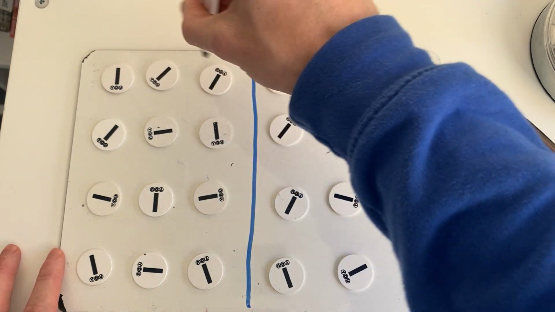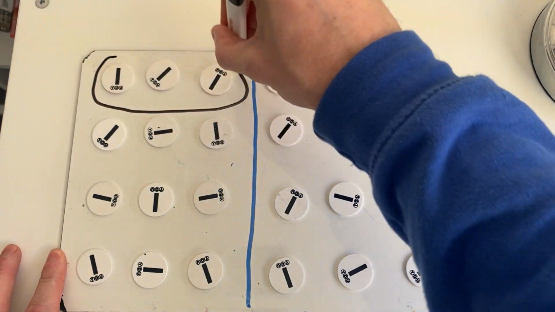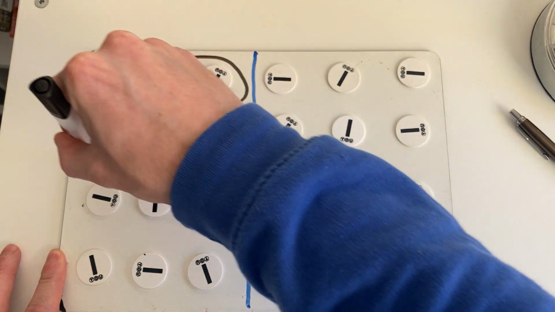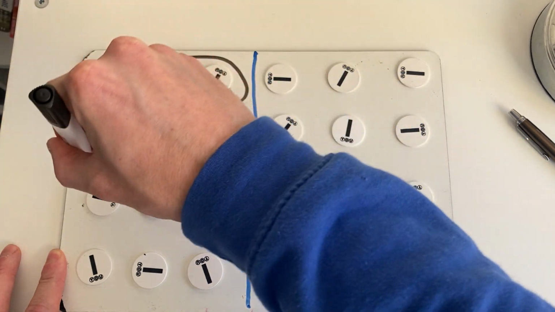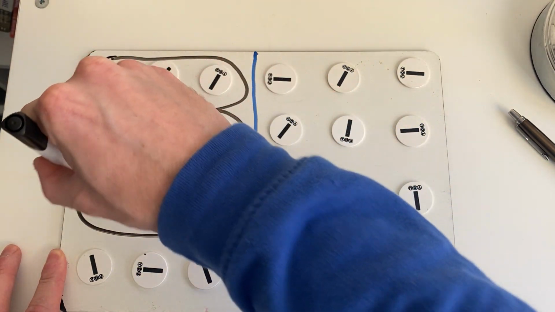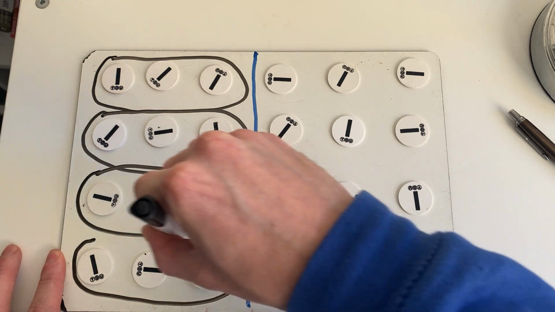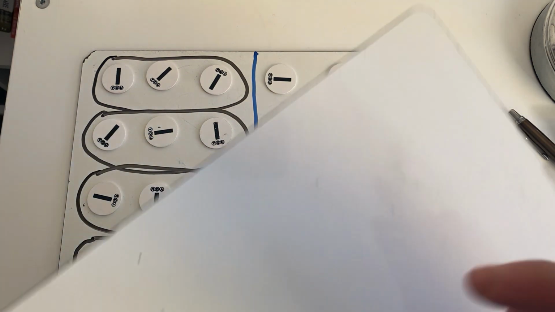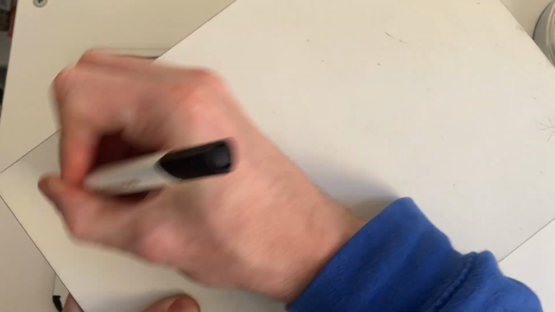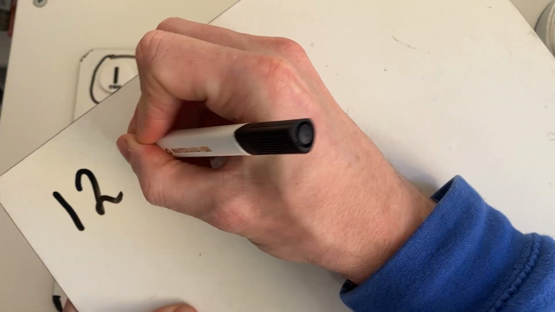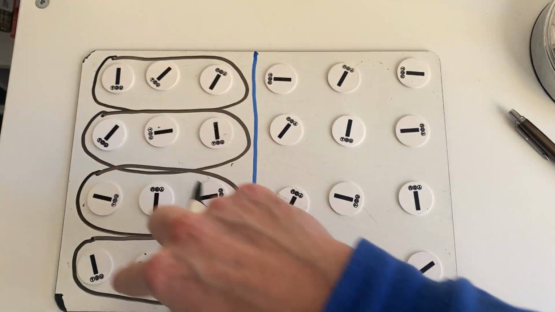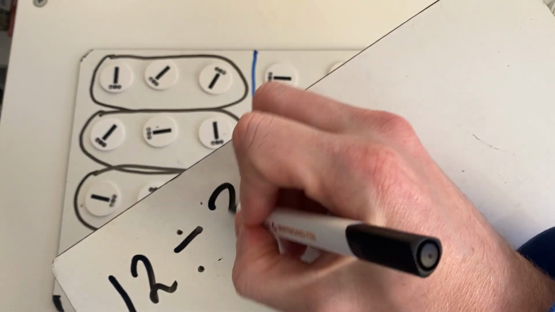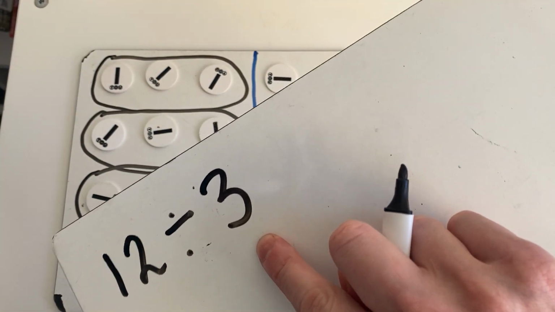So 1, 2, 3. And our division question is going to look like this. We know we've got 12 counters and they are put into groups of 3.